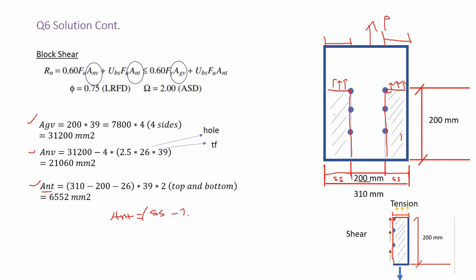So minus 26, close the parenthesis, multiplied by the thickness of the flange, 39. And since I consider the top part, I have to consider the bottom part of the wide flange. So that's why I'm multiplying by 2. If you calculate this, you would obtain 6,552.